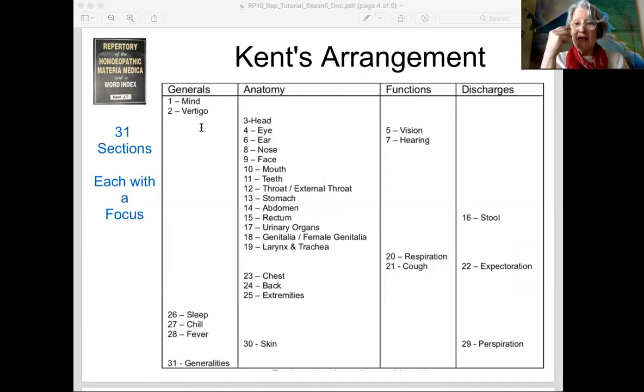So the symptoms in this section have to do with the eyeball and the eyelids, but not the eyebrows. So in here, can you find the rubric that we looked at a minute ago about yellowness of the eyes?